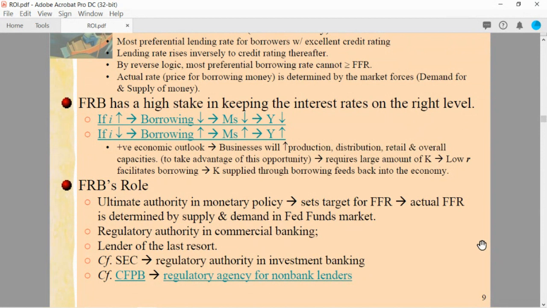The role of the central bank is quite important to the economy, because through monetary policy, they can stimulate the economy if it is in recession, and cool off the economy if it is overheated.